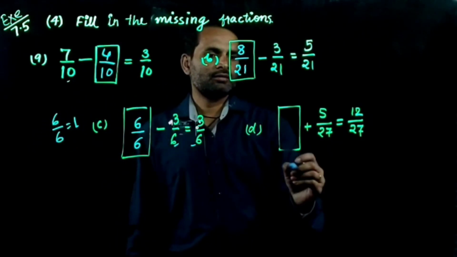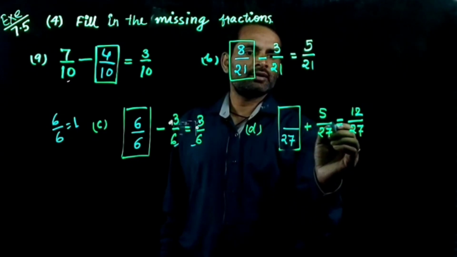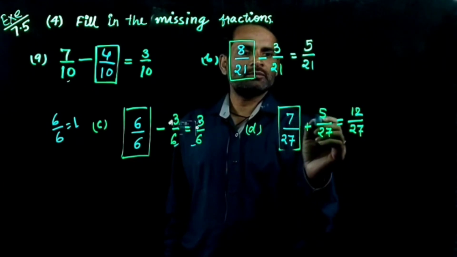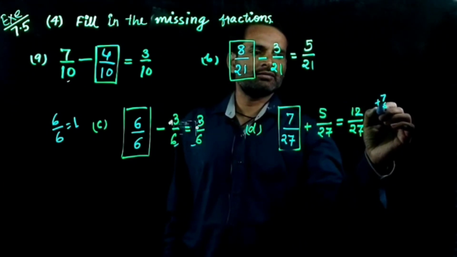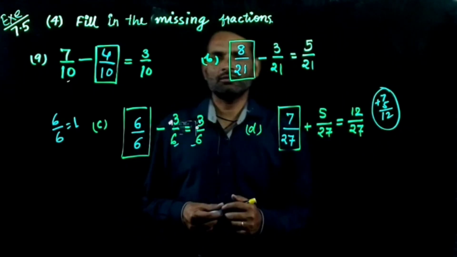Here the denominator value is 27 and 5, here plus, so 7 plus 5 is equal to 12. So these 4 questions are solved.